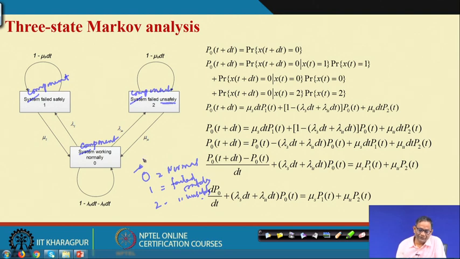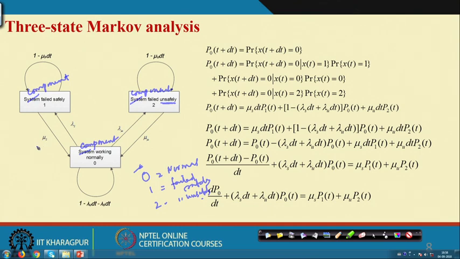So, here also you can find out the transition probabilities and you can create the equations for availability as well as unavailability. Okay. Now, suppose the component is at state 1 and it is repaired, and the repair intensity is the parameter mu s.